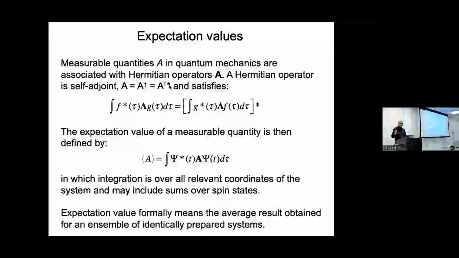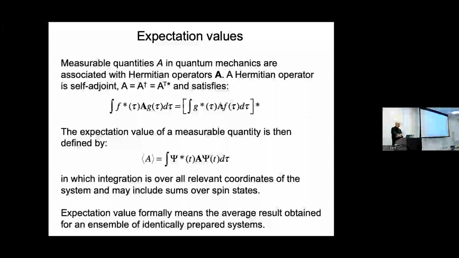You'll see in a bit too that all operators have associated with them a matrix, and it's easier to understand what I mean by a Hermitian operator, because its matrix representation is equal to the transpose complex conjugate. And that's easy to see for a matrix. I just transpose it and change all the i's to minus i's, and I get the same original answer. It also has this kind of integral relationship that I won't go into.